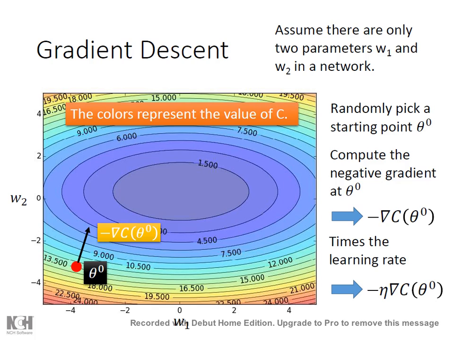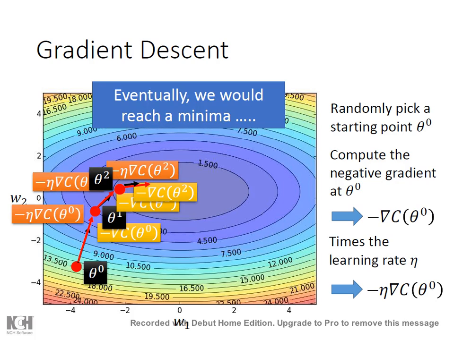Every time you can use this gradient to update your parameter. Here we show a process like this. So we will go to theta 1, to theta 2, and then to theta 3. And finally, after several iterations, we will reach the minimum point.